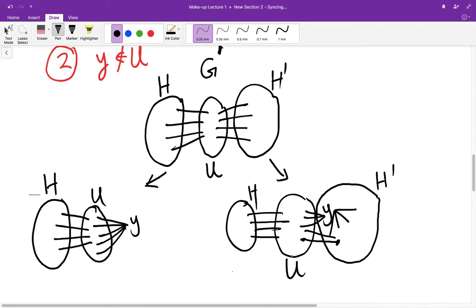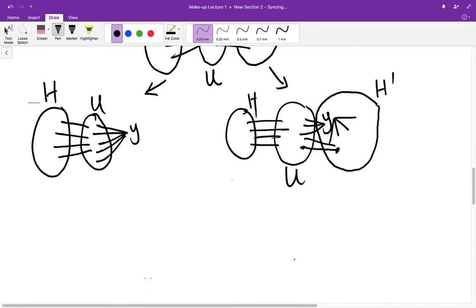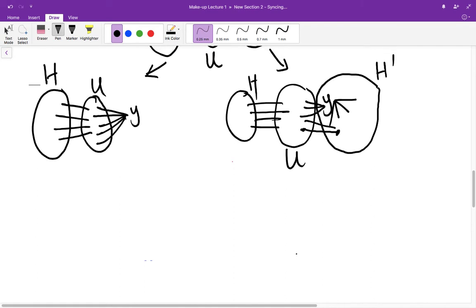Anyway, let's consider these two cases and see what happens to the size of U. In the first case, it's quite easy to see that the size of U is at least k, because all the neighbors of Y are inside U. So maybe this is the first neighbor, this is the second neighbor, and so on.